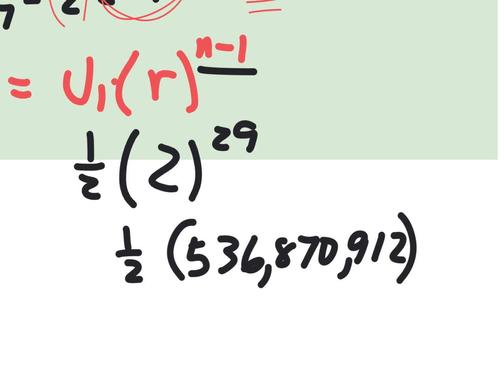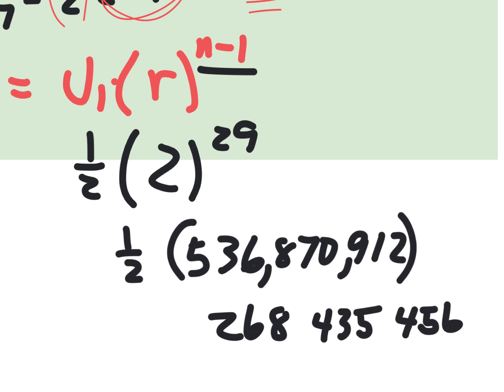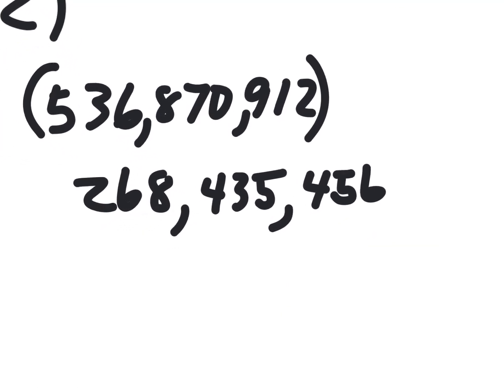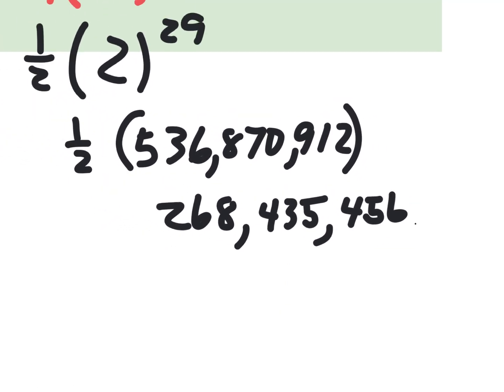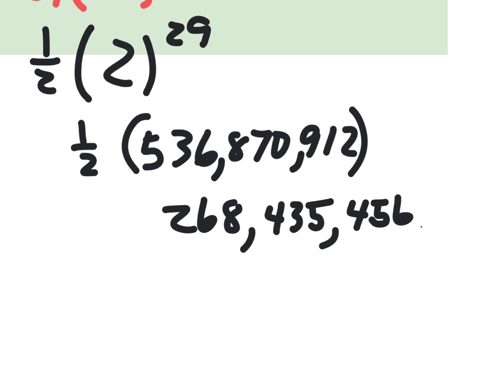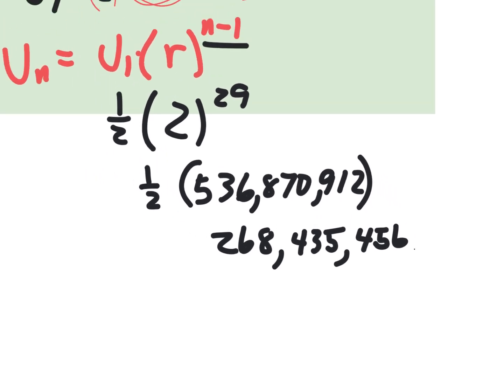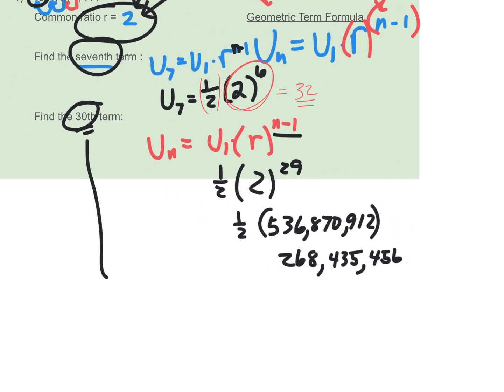What is 1/2 of 536,870,912? 268,435,456. And all of a sudden, it's in the millions. It's not that crazy of a number, I guess. That is the 30th term.